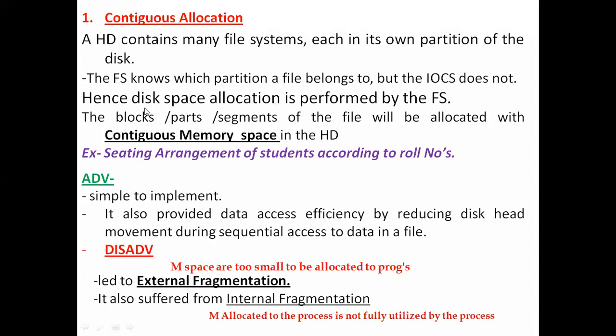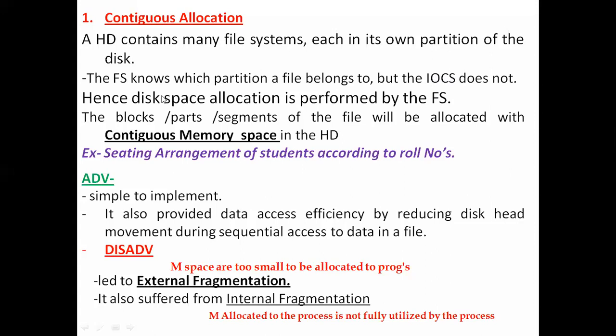Very important point: the allocation of disk space for the files on the hard disk will be performed by the file system. Why? Because the input and output control system will not have any idea regarding the location of the files on the hard disk.